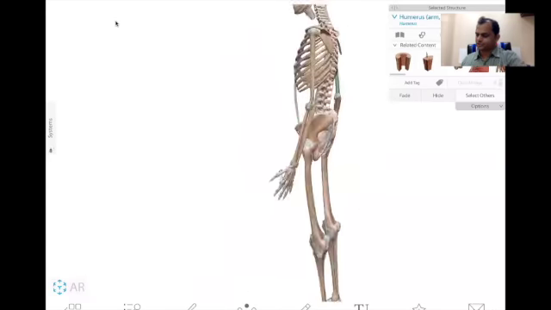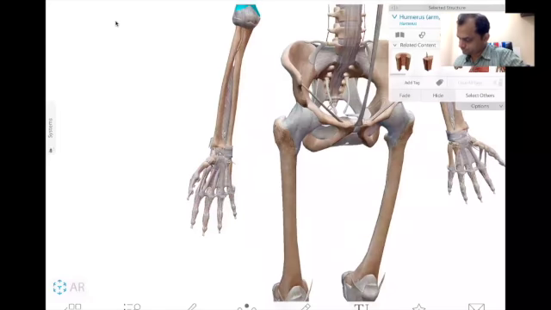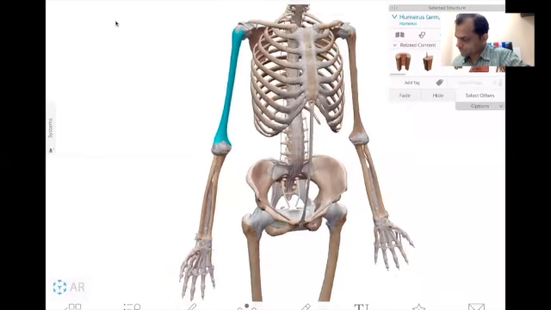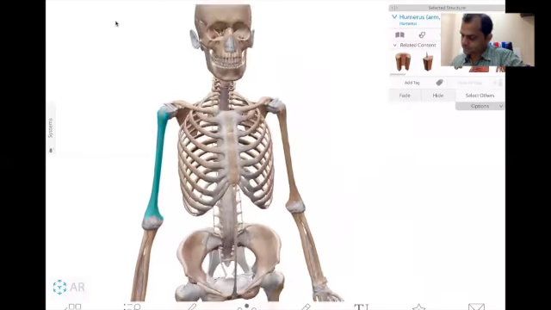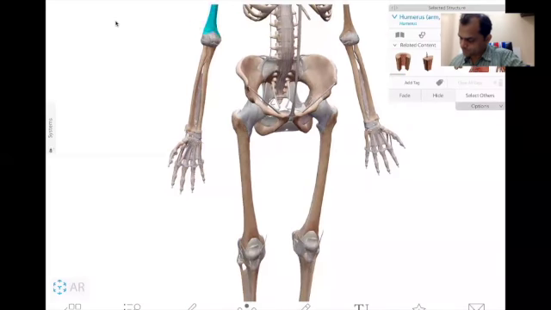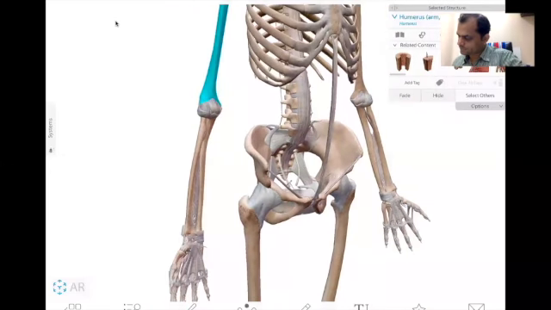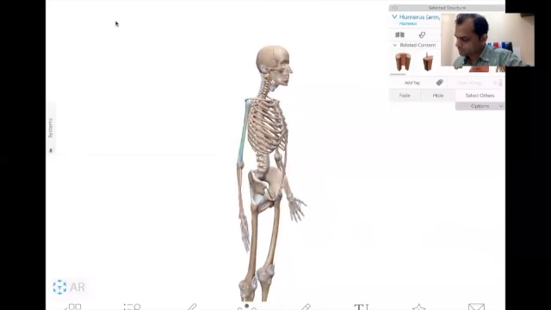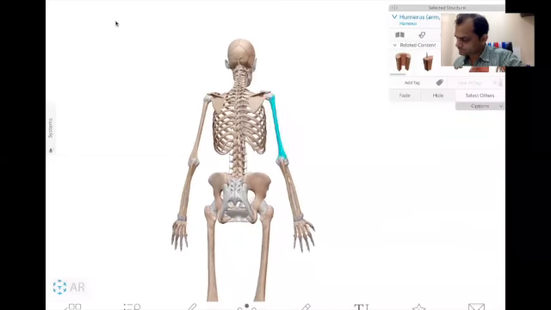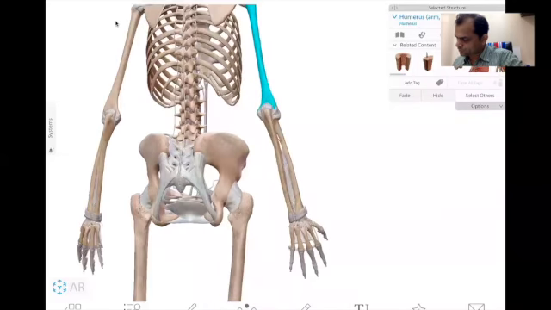So look at this image. We can see the body from the front side. This is the anterior view. So look at the arm. Now I'm turning the body and looking at this person from the back side. Now doing the zoom in on the arm.